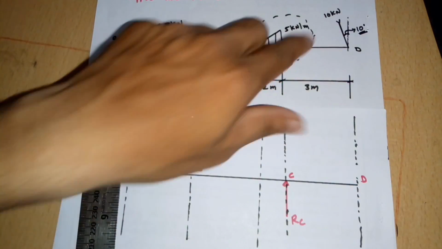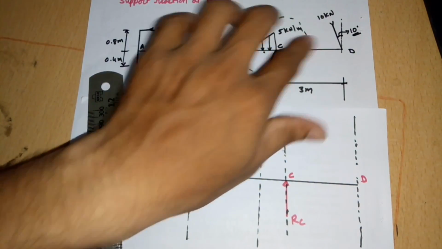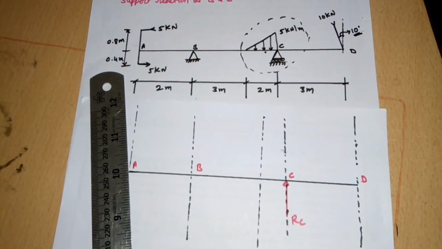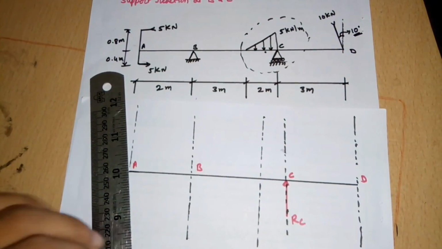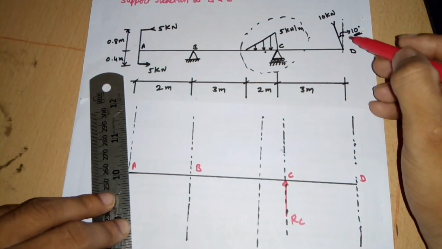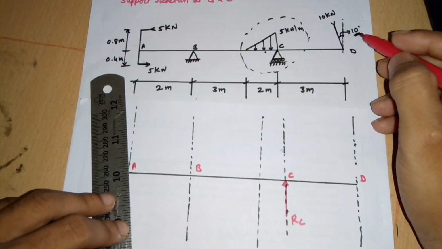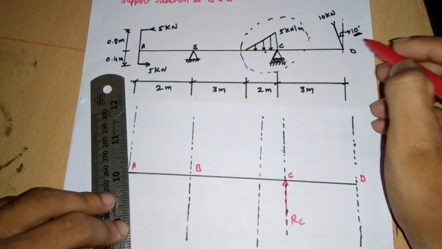But now here this beam has been subjected to an inclined force, which means it will have one horizontal reaction, because when I resolve this inclined force it gives two components, one along the vertical and another along the horizontal.